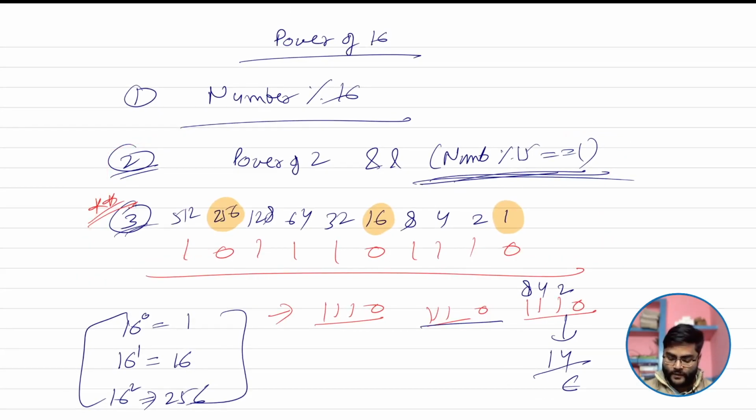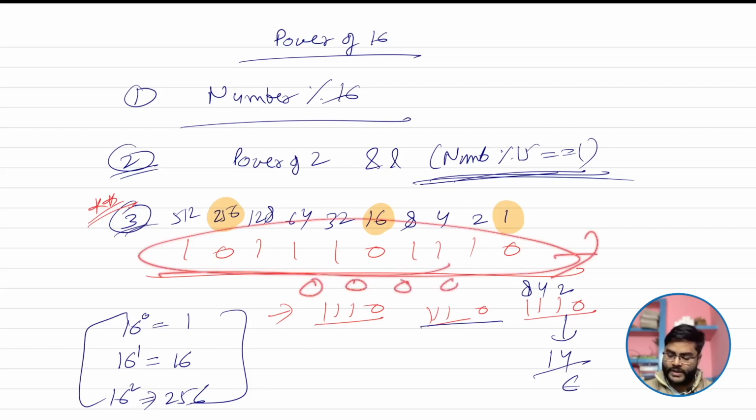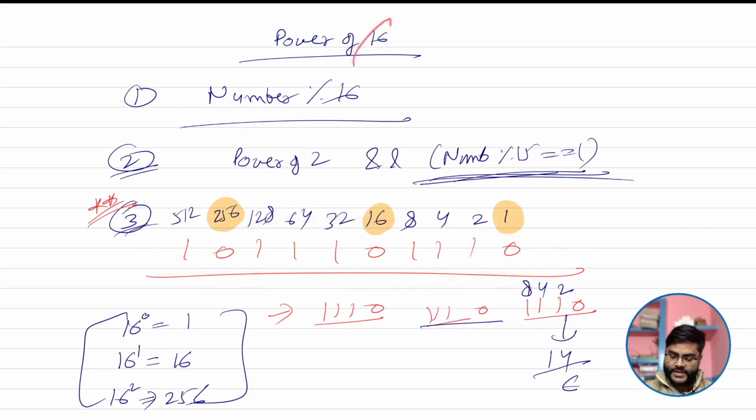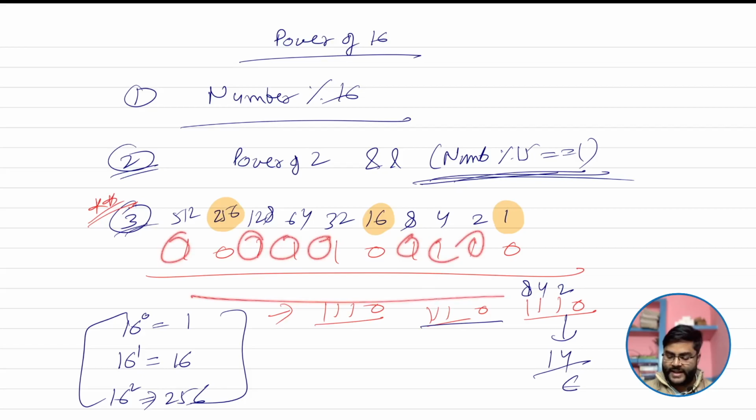Why did I take it like this? Because I want my answer as 0 if it is a power of the particular number. If it is a power of 16, I want my answer as 0. That's why I'm taking 0 in the bits where the power is possible and 1 at the bits where the power is not possible, so that I get 0 when it is a power of 16.